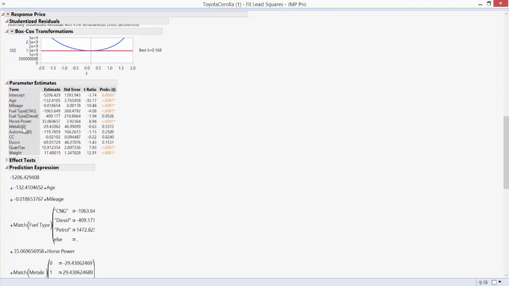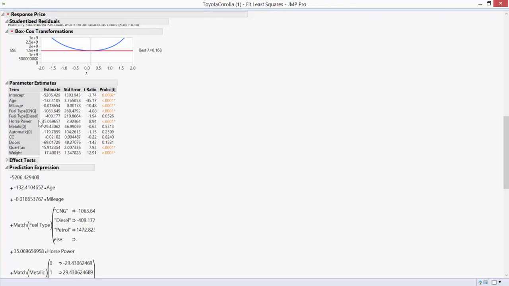Car can be diesel, or it can be petrol, gasoline, or it can be liquefied natural gas, right? You can see that in my parameter estimates, there are 2 variables that were not part of my original set. It says fuel type CNG and fuel type diesel, okay?